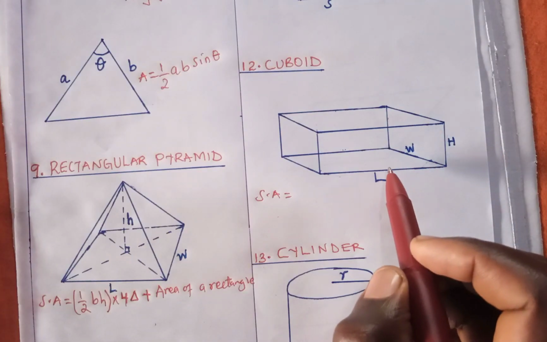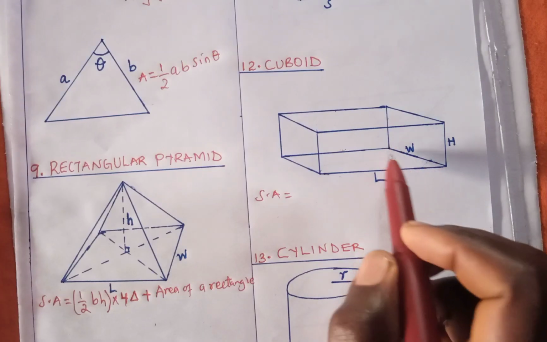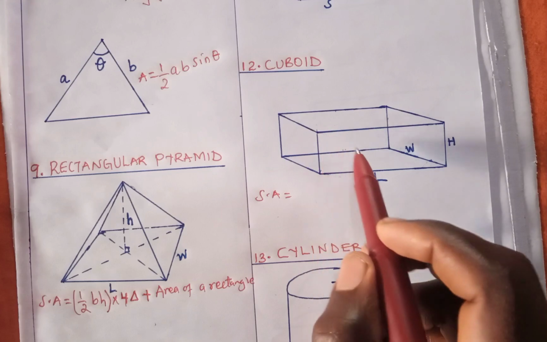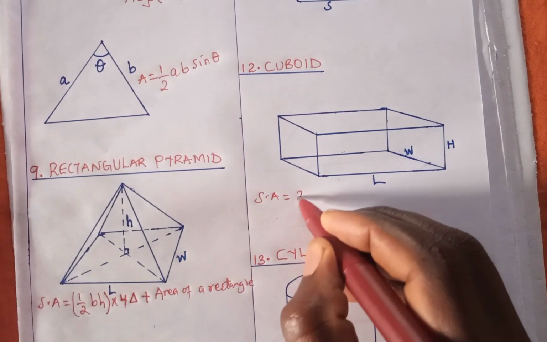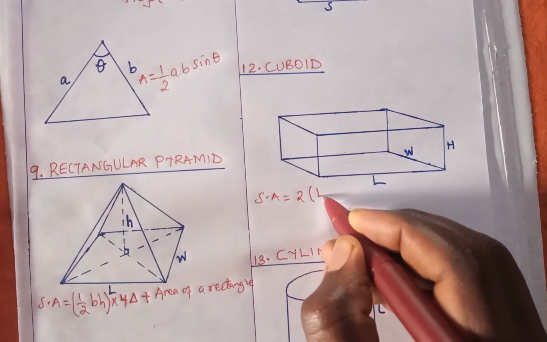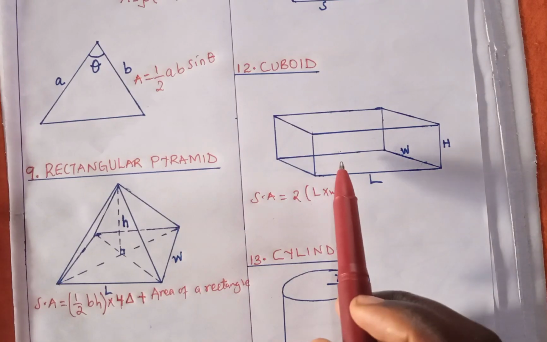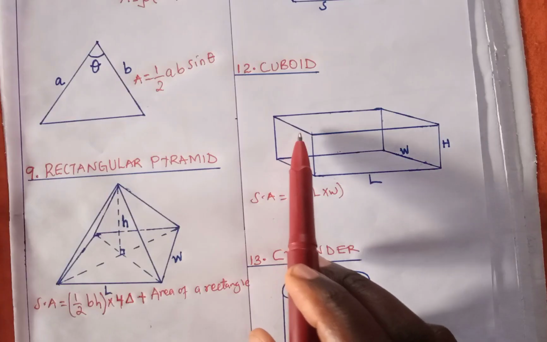So if we find the area of this one face, we will have to multiply by 2 because we have 2 faces of a similar kind. So it is 2 multiplied by length times width. Why 2? Because this face that is here is also appearing on the other side.